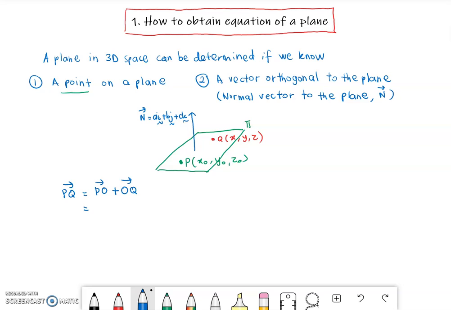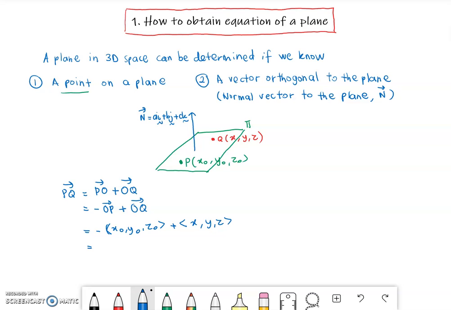So we can take the negative of OP plus OQ. So vector PQ equals negative of x naught, y naught, and z naught, plus the vector OQ, which is x, y, and z.